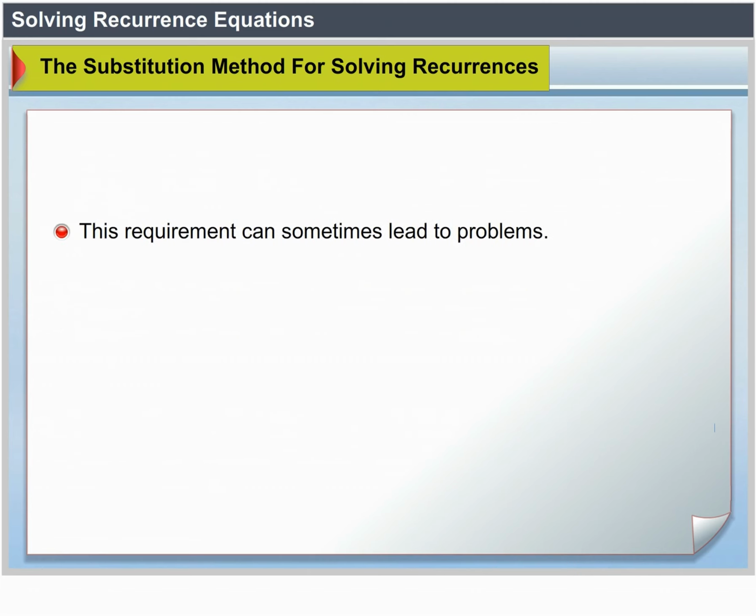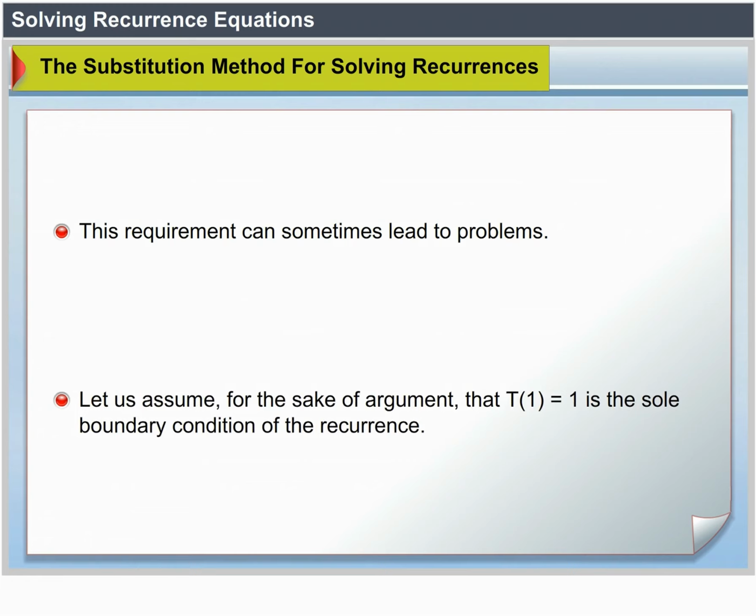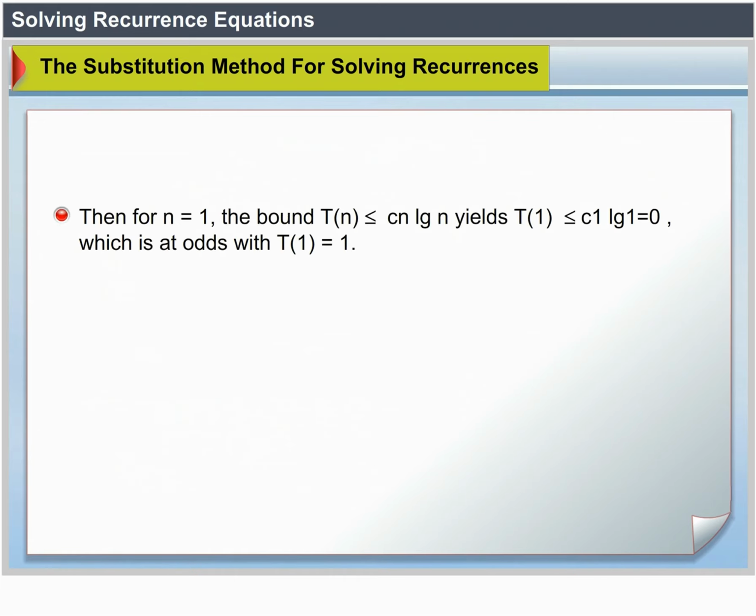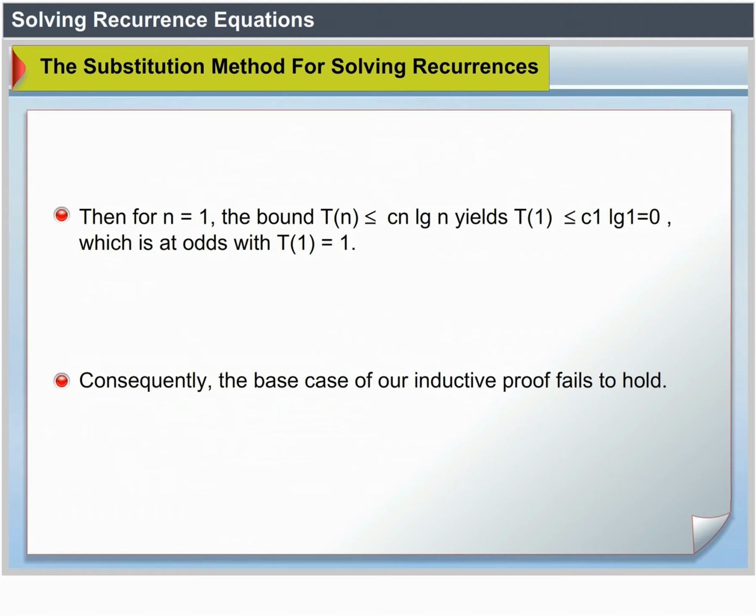Let us assume, for the sake of argument, that T(1) = 1 is the sole boundary condition of the recurrence. Then for n = 1, the bound T(n) ≤ Cn log n yields T(1) ≤ C·1·log 1 = 0, which is at odds with T(1) = 1. Consequently, the base case of our inductive proof fails to hold.